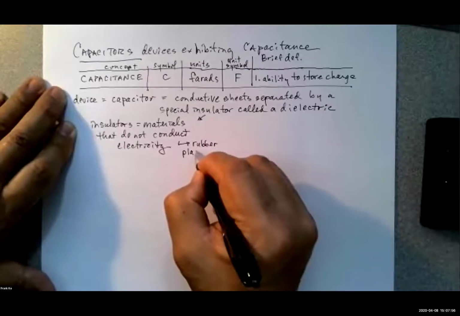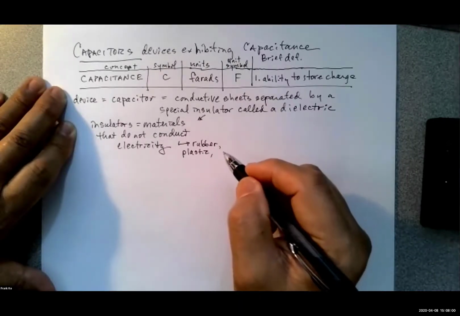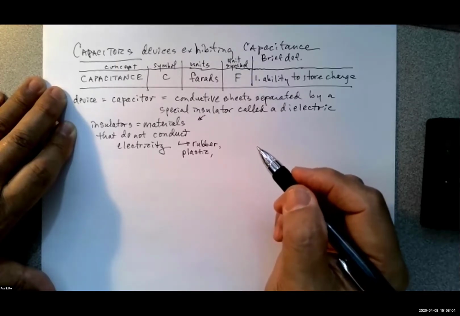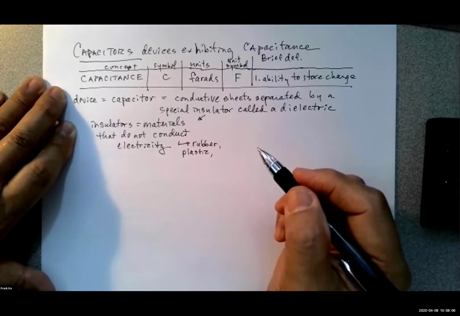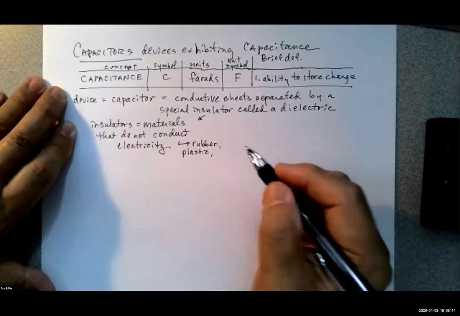Plastic. Plastic is really good. Yay for plastic. All right. And let's see, Pauline, can you think of another insulator? Rolando, Gabriel, Christian, I just threw that out there in general. Glass.